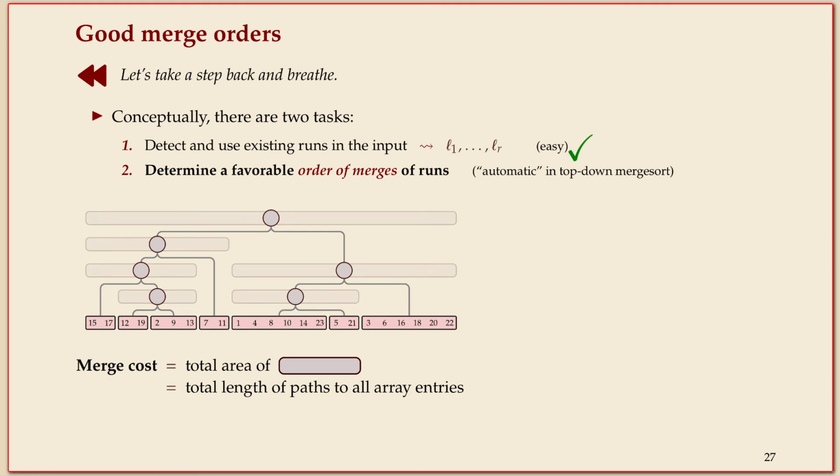We can reformulate the problem a little bit. Instead of saying this is all these black boxes, we can say that's the total length of the path from the root to all the entries in the array. That happens to be the same thing. And why is that the case? We would take each of these numbers and sum up how many steps we have to go down from the root.